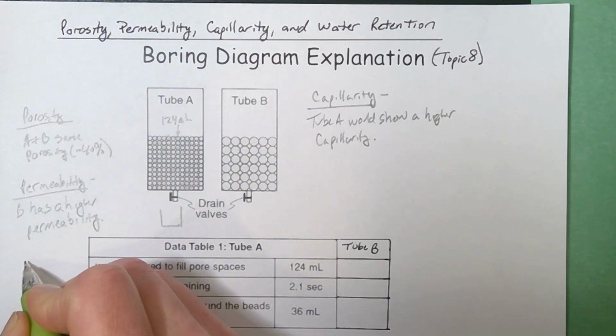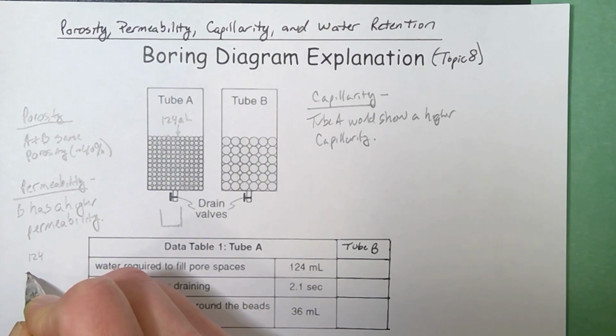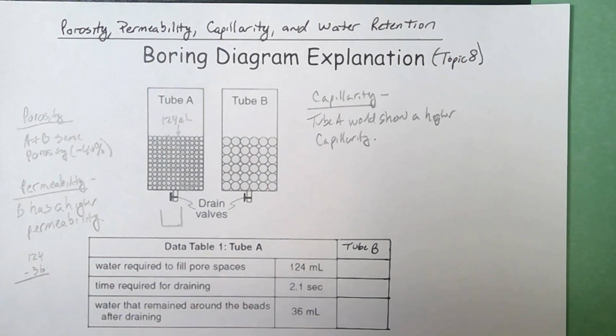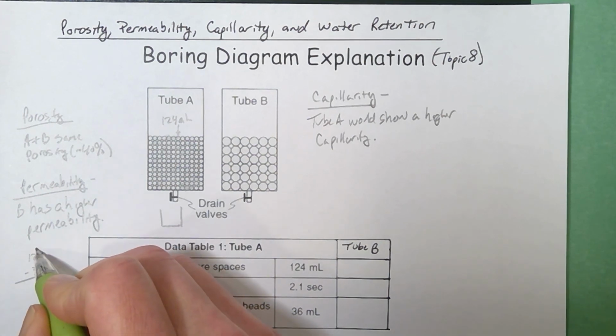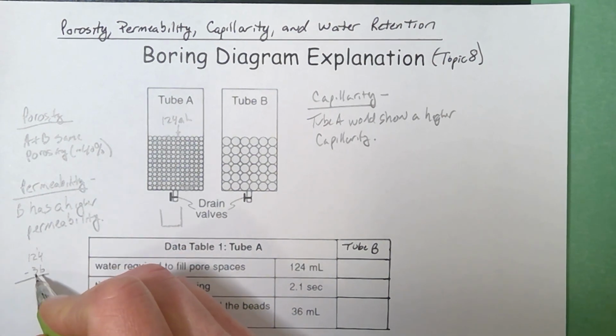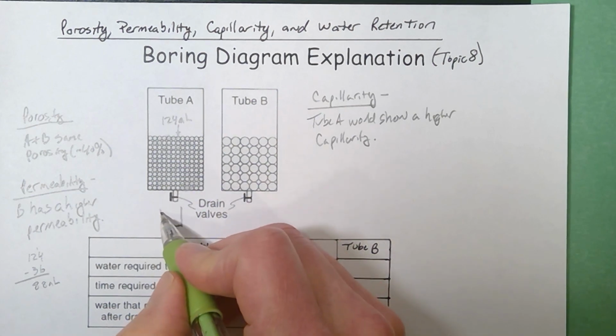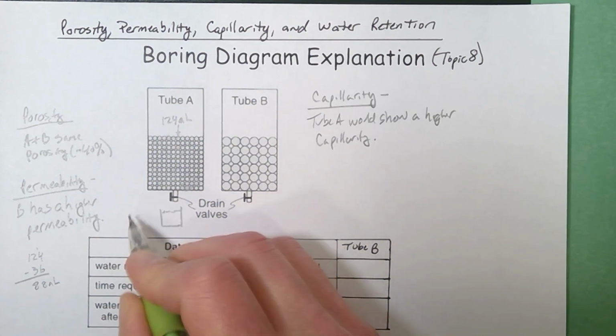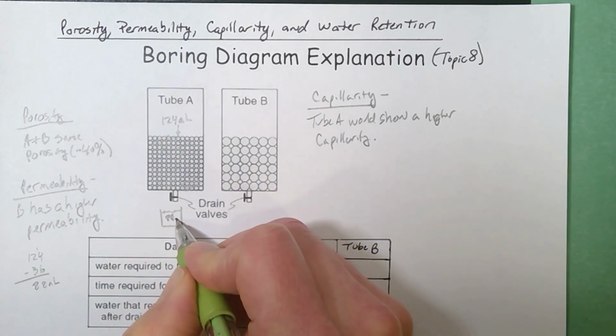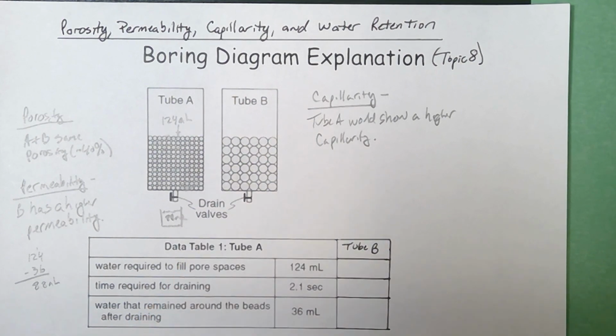So if I took 124 and I subtracted the 36 that remained around the beads, that means when it drains, okay, 88 milliliters would be coming out. So if I do 88 plus 36, that's how I'm getting 124. So only 88 would come through.